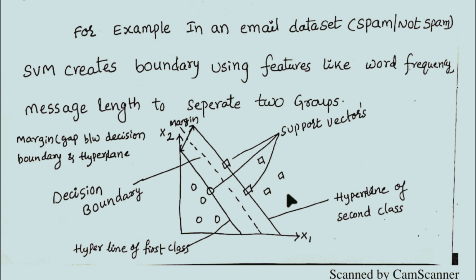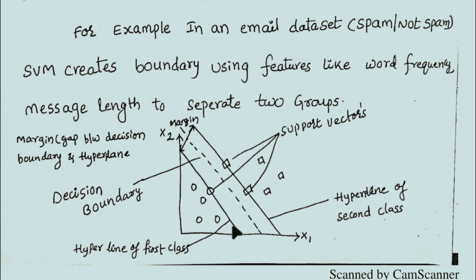Whatever line we have, this is the ending line for the square and this is the ending line for the circle. This is called the hyperplane of the second class, and this is the hyperplane of the first class.